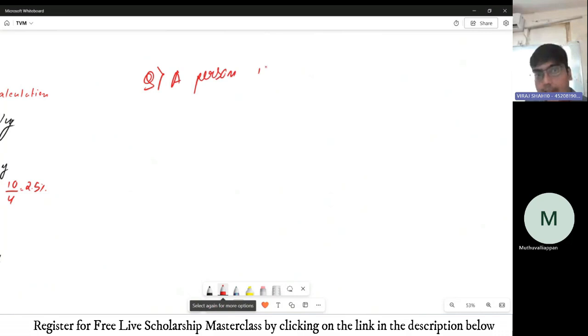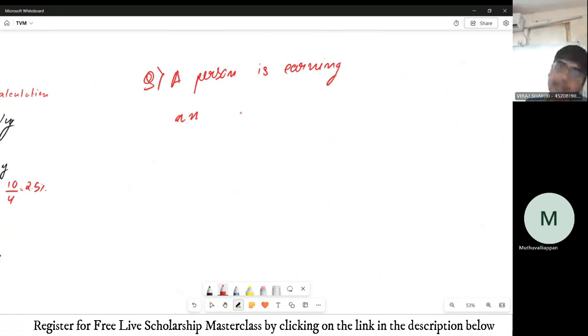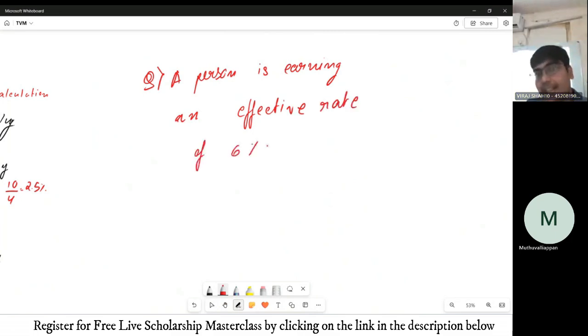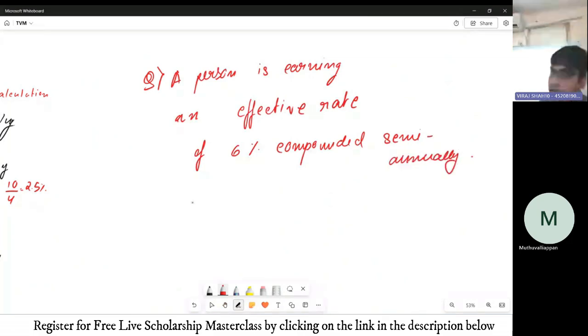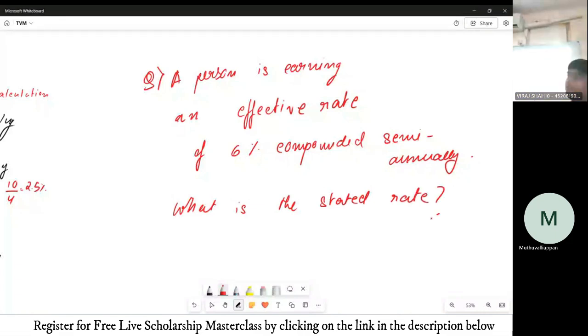A person is earning an effective rate of 6% compounded annually. What is the stated rate? What is the stated rate?